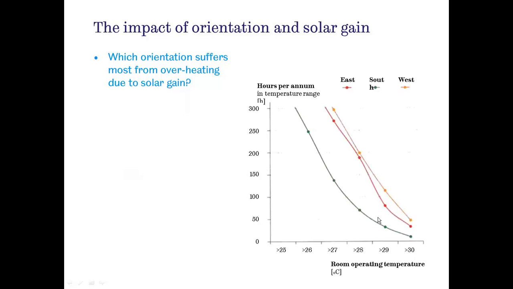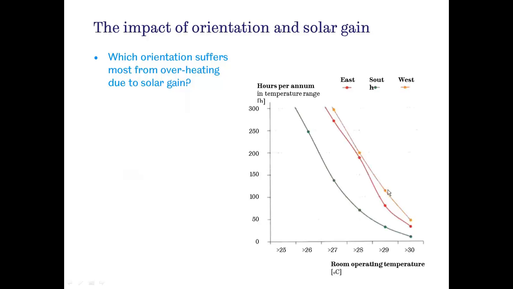So if we look first of all at the south, which is the green line, it often is quite a surprise to people, but the southern facade is actually experiencing the least overheating. It's probably not what you'd expect, but the reason for that in Europe is because the sun is so high in the south, it's very easy to block that sun with some shading devices.